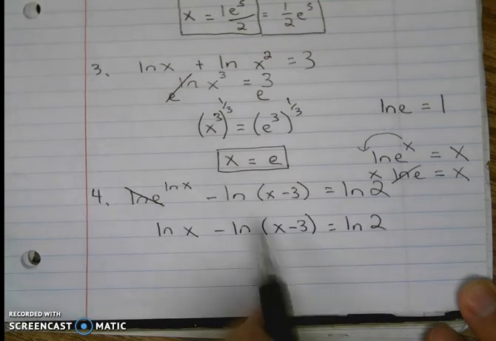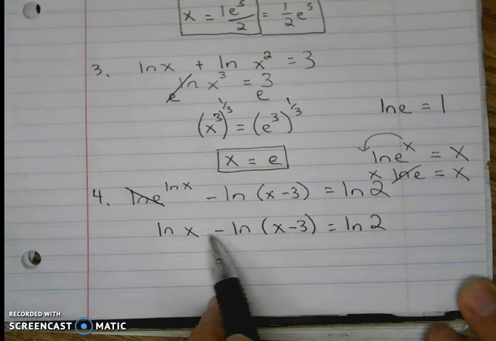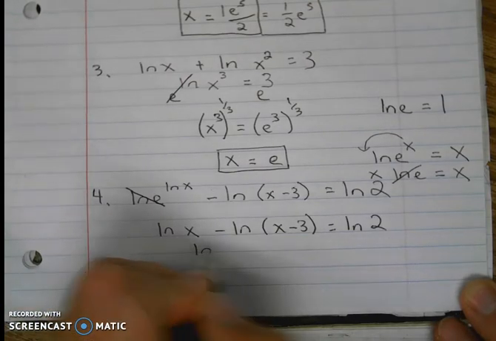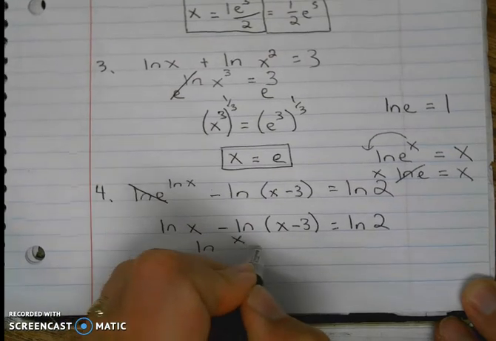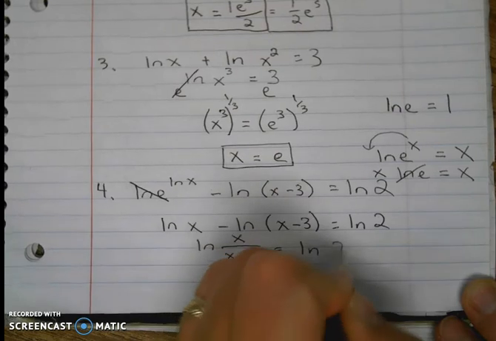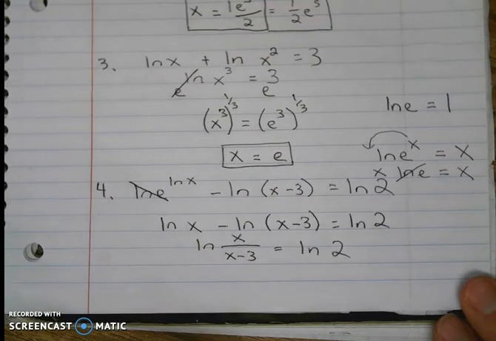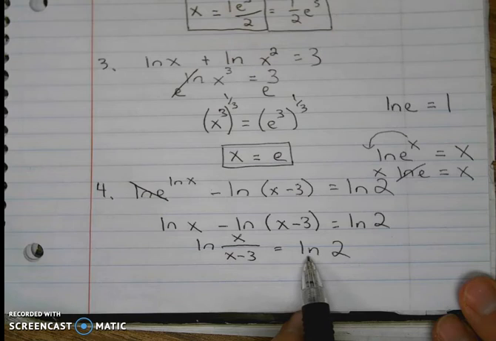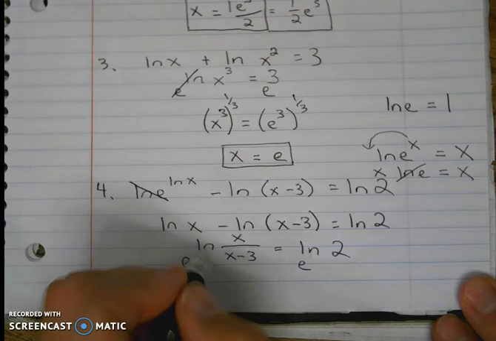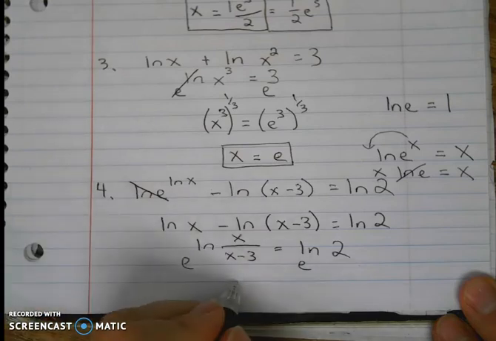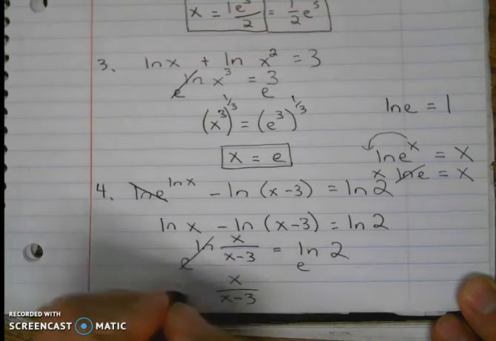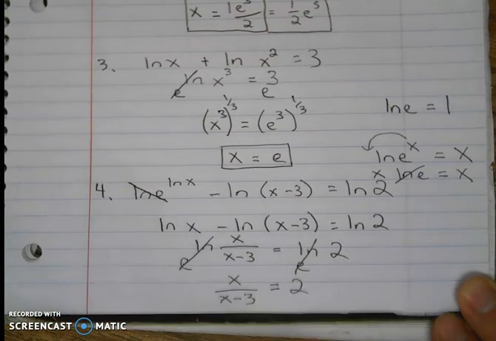Okay, using our property of logarithms, we know that subtraction means to divide. And since we have a natural log on both sides, we can raise both sides to base e. So that's going to leave us with equals 2.